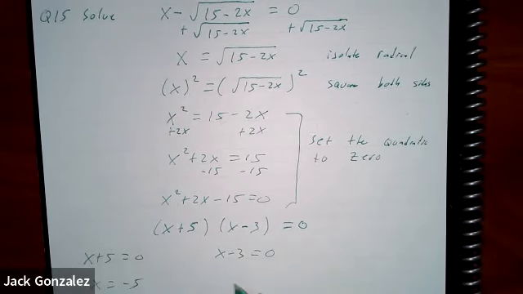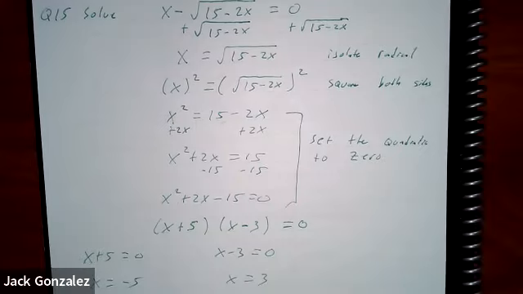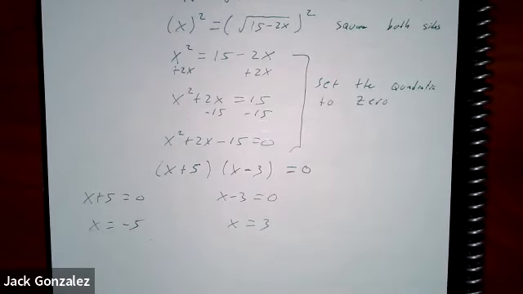And that's it. We got our 2 numbers, but we don't know if they truly work. You don't have to plug it in to figure it out, but obviously you want to check your work all the time. As of now, our numbers are negative 5 and 3.